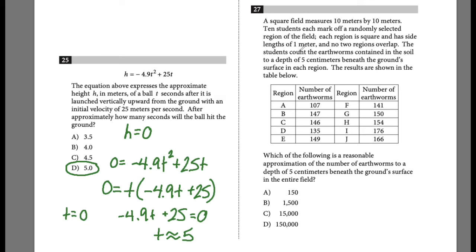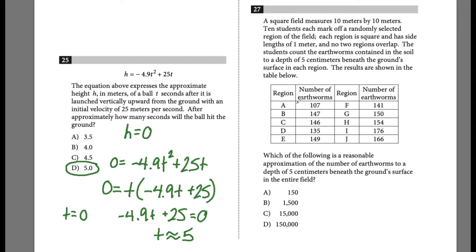The students count the earthworms contained in the soil to a depth of 5 centimeters beneath the ground surface in each region. The results are shown in the table below. Which of the following is a reasonable approximation to the number of earthworms to a depth of 5 centimeters beneath the ground surface in the entire field?